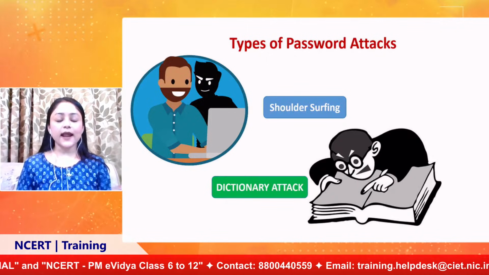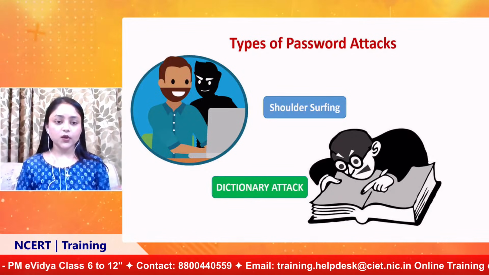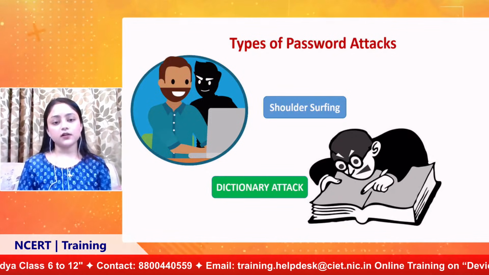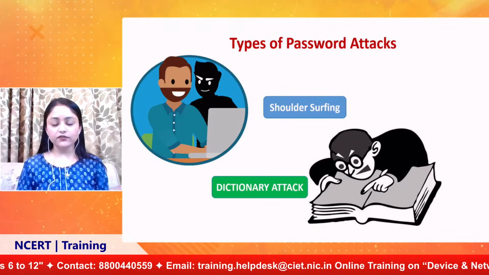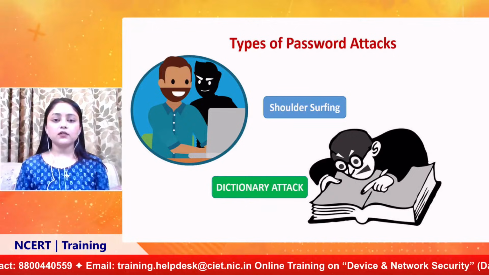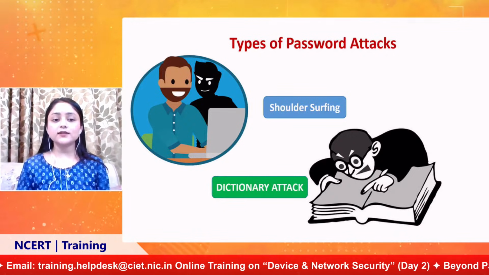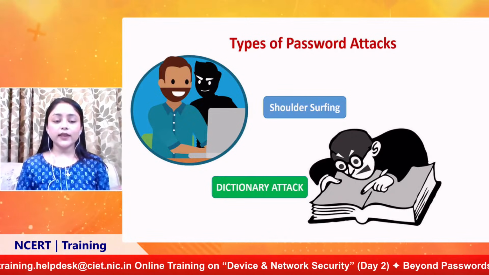someone stands at your back and can see your screen, what you are doing. This is called shoulder surfing. So we need to take care whenever we are in public places, or in our office doing important things, who is standing behind us and who is looking at our screen.